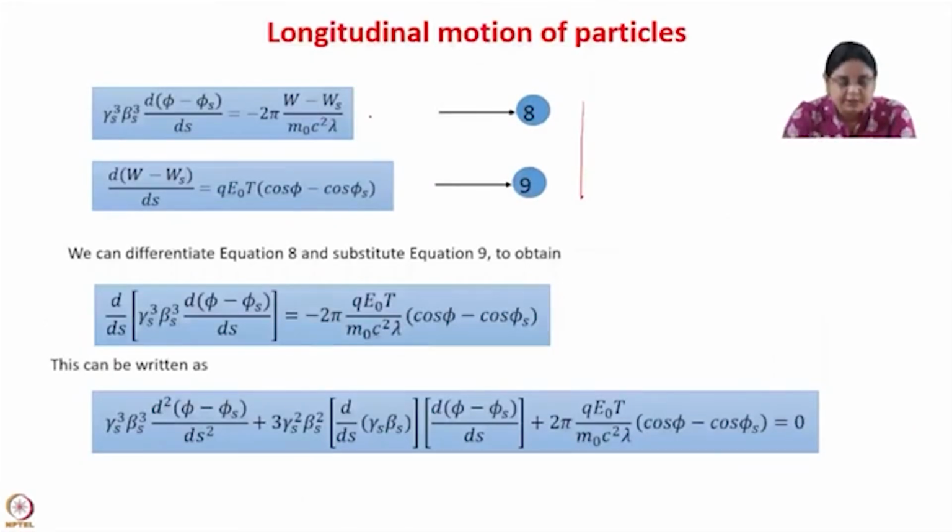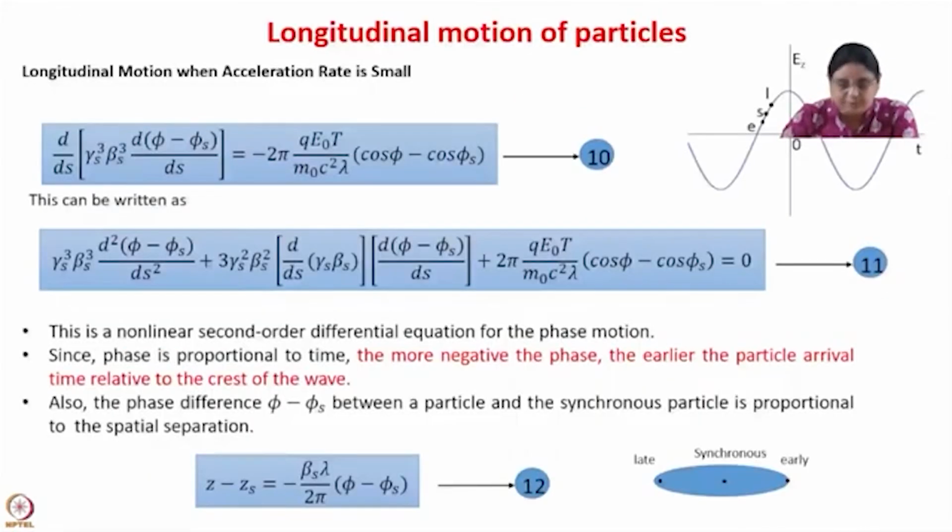Now we can differentiate this expression and we will get d by ds of w minus ws, which we can put in here, and we get this expression. So this can be further simplified to write this expression.